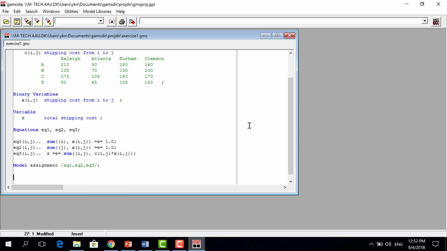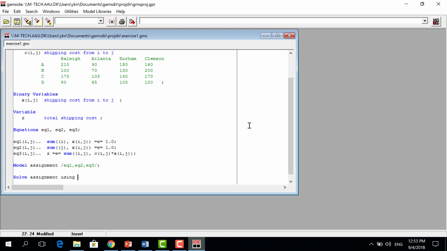And we have to solve the problem to get the result: solve assignment using, because here we don't have non-linearities, which means we could solve it as linear programming. But here we have binary variables, which means we cannot solve it as simple linear programming.